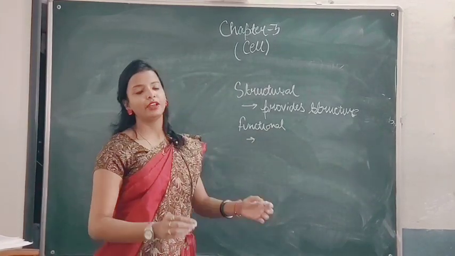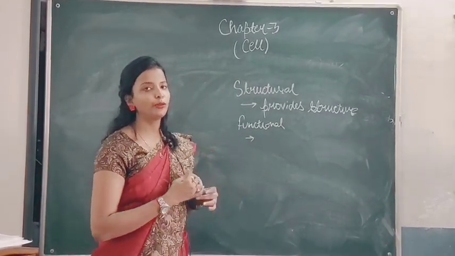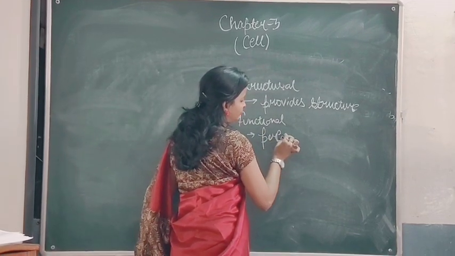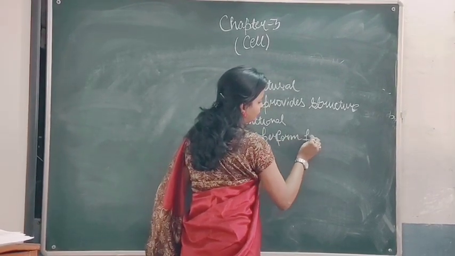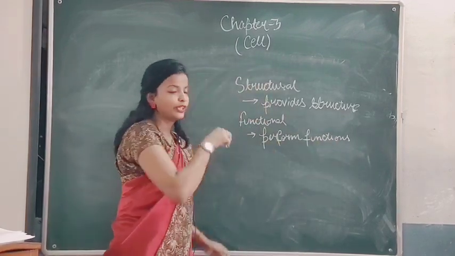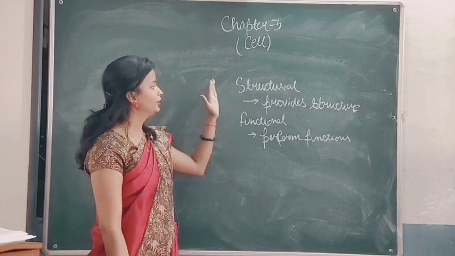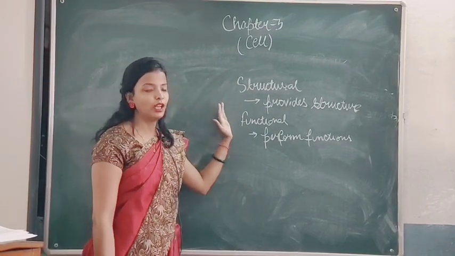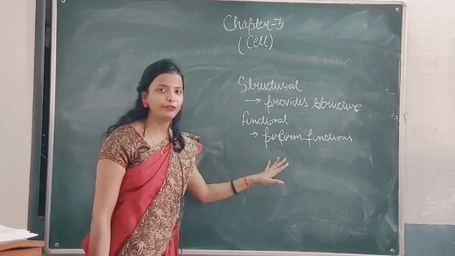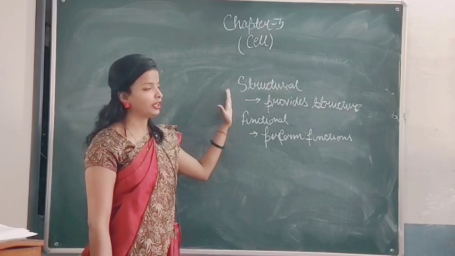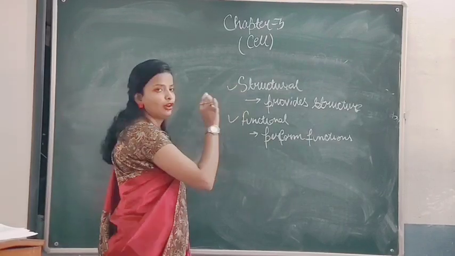Because it has a particular function. It performs various functions. So the cell is present in all the living beings. They are the structural and functional unit of life. Structural because it provides the structure, and functional because they perform the function.